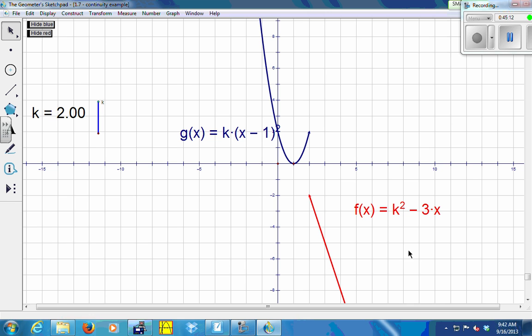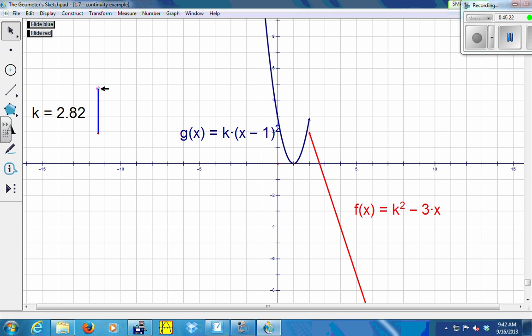The red line is what you graph to the right of 2. And here's my k value over here. Right now k is 2. So I'm just going to drag k till I get to 3. Close enough. And now you see they touch. So if we choose k equals 3, this function is now continuous. The limit from the left and the limit from the right both equal the value of the function.